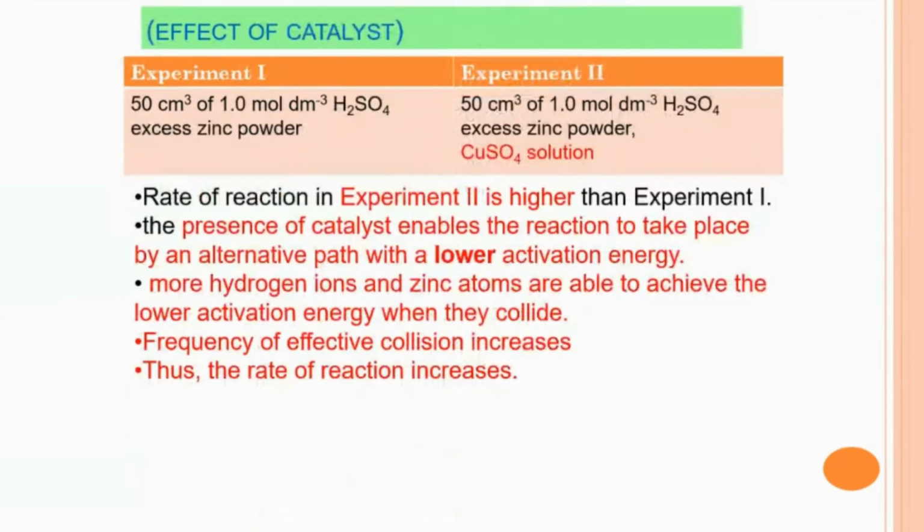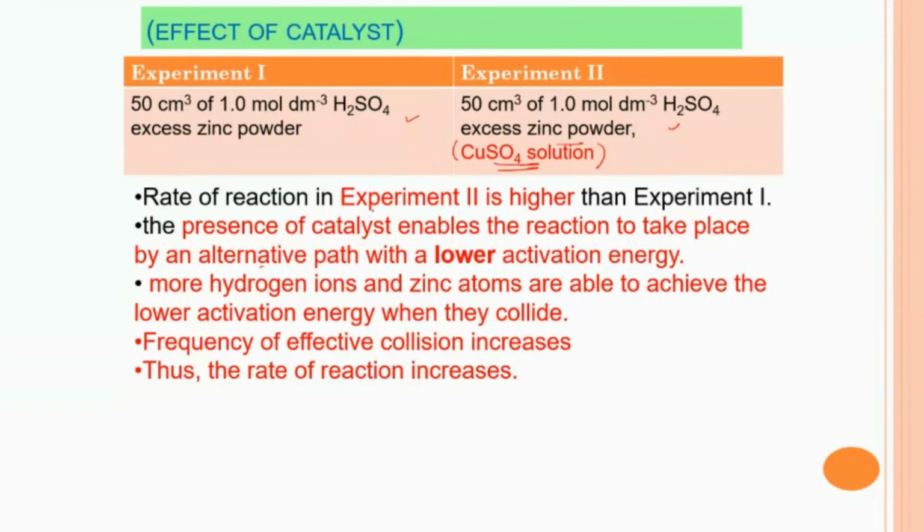Next, finally, is the catalyst. How do you know it's the catalyst? You see two conditions are the same, but suddenly there exist or appear extra chemicals. So you will know it is the catalyst already. So rate of reaction in experiment 2 is higher. Why? Because of the presence of catalyst.